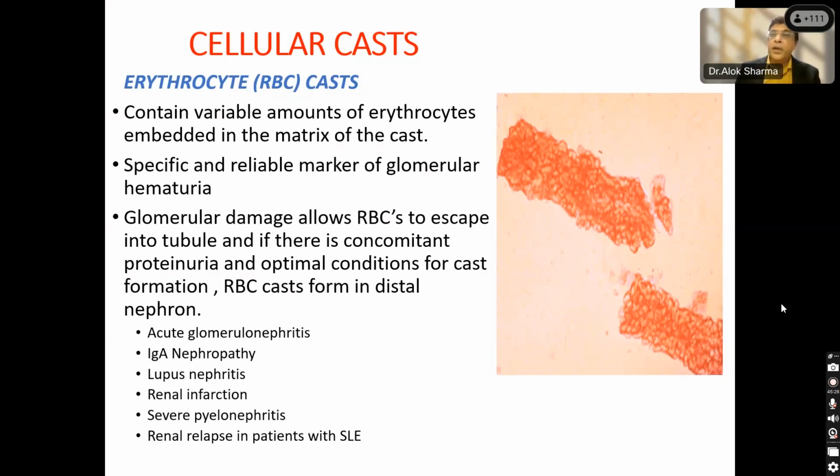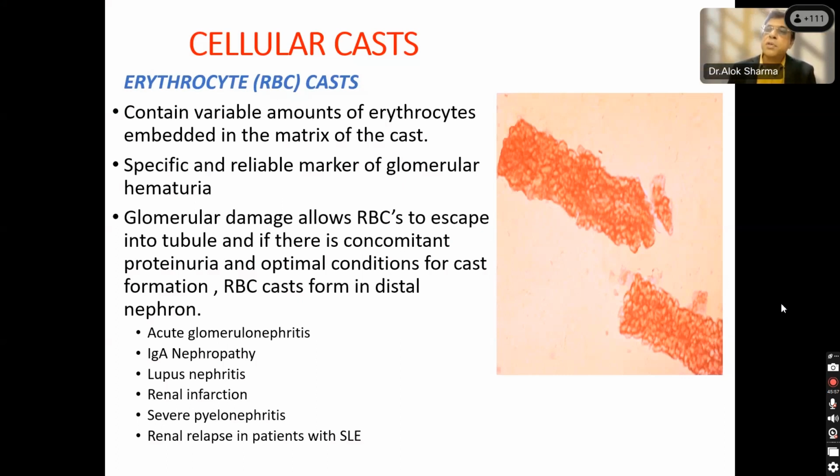When a clinician follows up a patient with SLE, for example, you can't do a biopsy every time, right? So you follow them up with regular urine examinations, and finding RBC casts in a relatively asymptomatic patient is a very good marker of an impending relapse. You must have seen rheumatologists and other clinicians who deal with SLE patients doing serial or routine examinations.